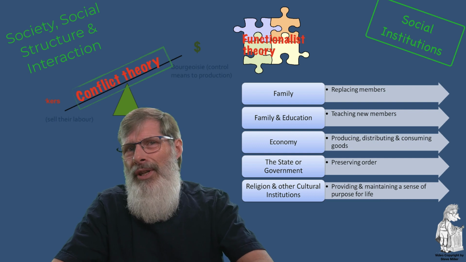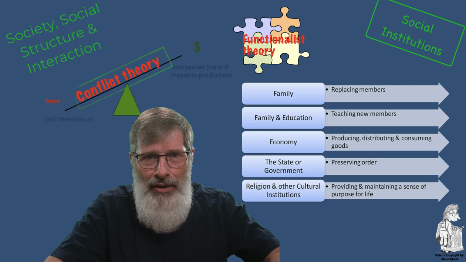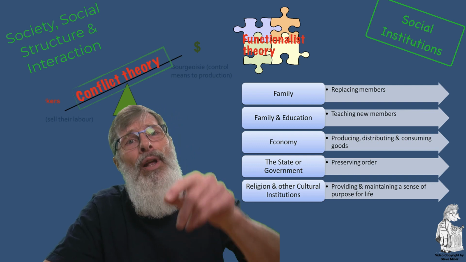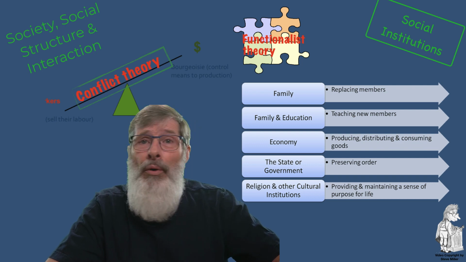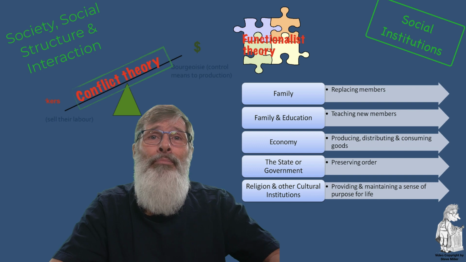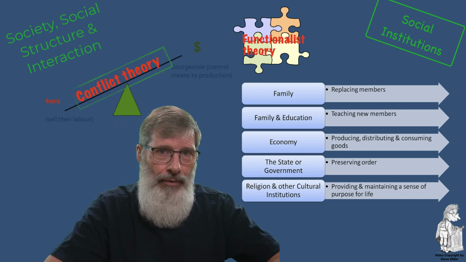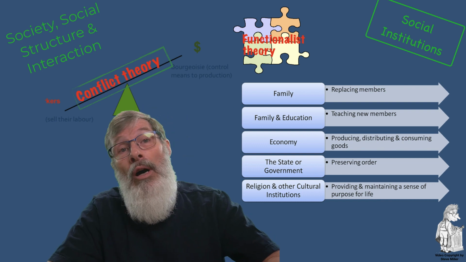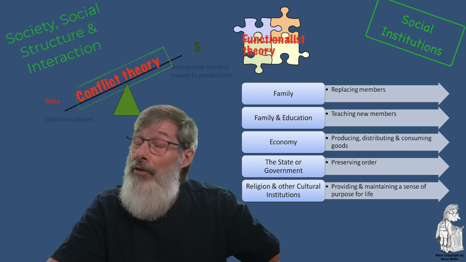Conflict theorists agree with functionalists that social institutions are originally organized to meet the basic social needs. However, they do not agree that social institutions work for the common good of everyone. As we know, some families abuse children. Those in power tend to support the wealthy, but not the marginalized. Religion often controls people rather than giving them meaning and freedom.